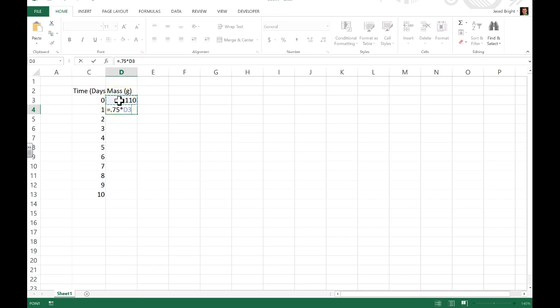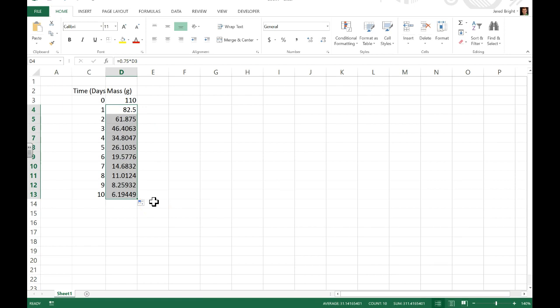That's available by clicking on the mass corresponding to day 0 in Excel, and we get 82.5. Drag this down, I did it up to 10 days. You can drag that formula down by hovering over the lower right corner where there's a little box until your cursor changes into a black cross, and drag that down. And you get the different values.